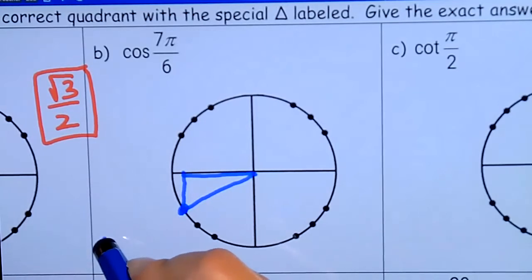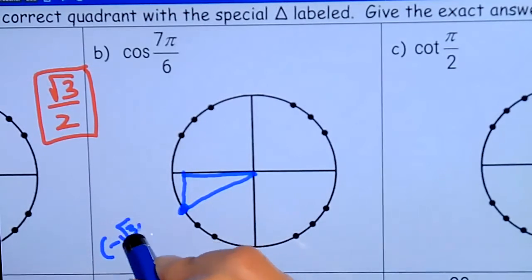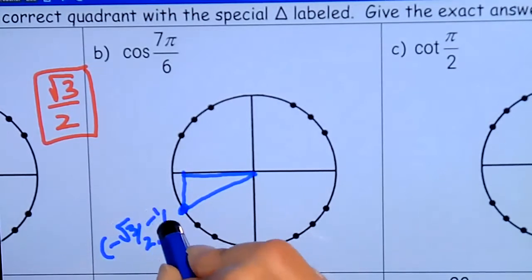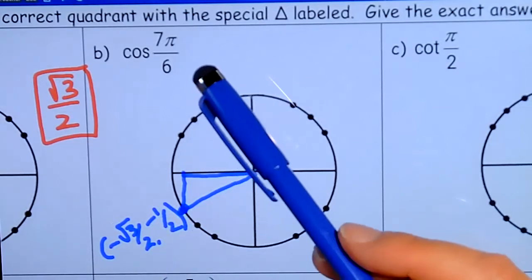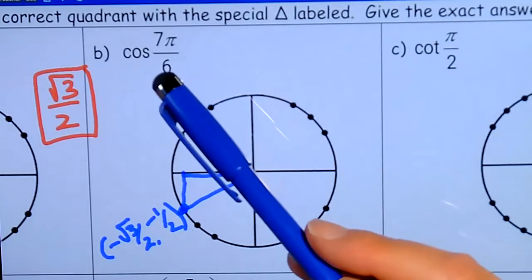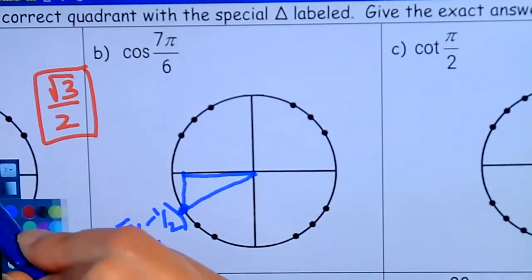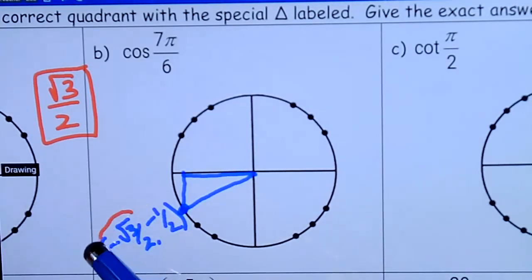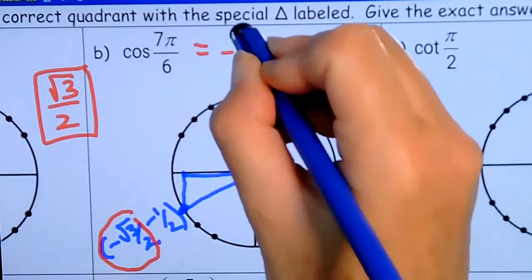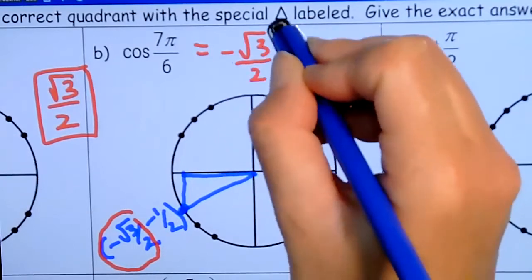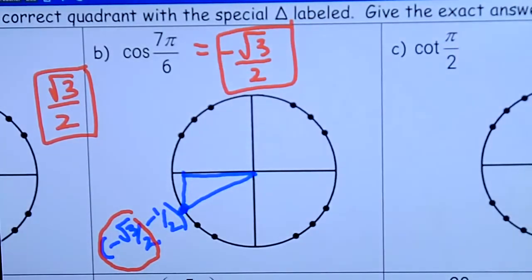So long, -√3/2, short, -1/2, because again, the quadrant I'm in. And this is going to be cosine that we want. Cosine is your x coordinate. So we are looking at this coordinate. So our answer is -√3/2. That is our answer.